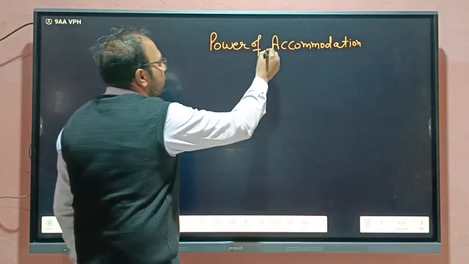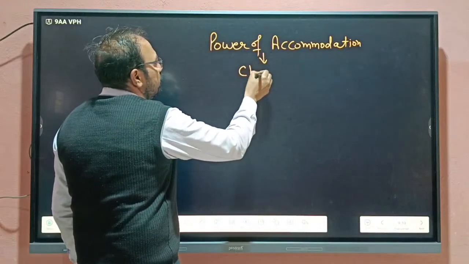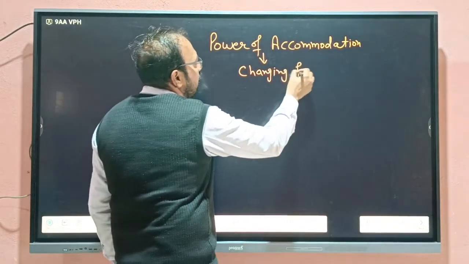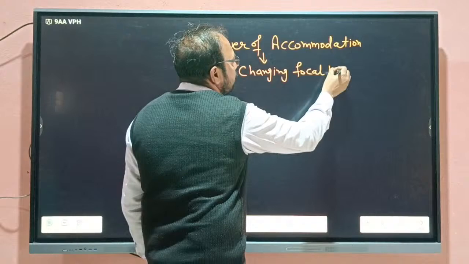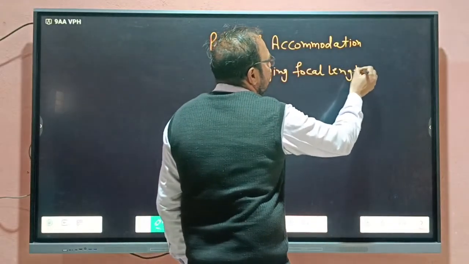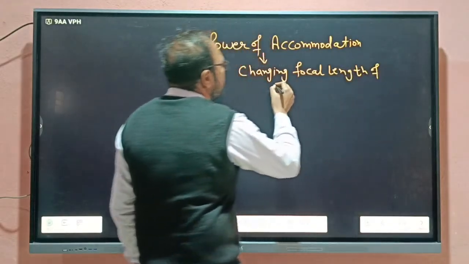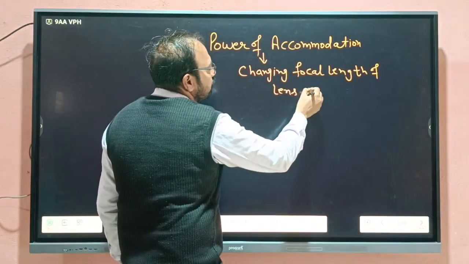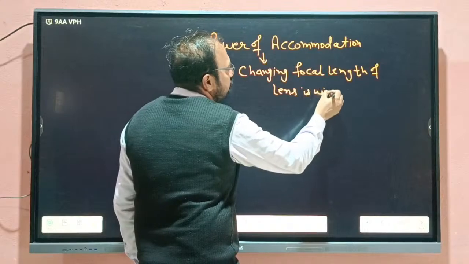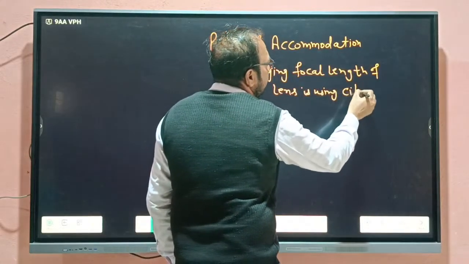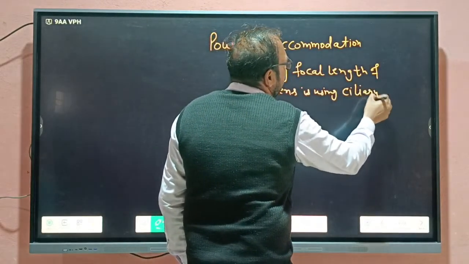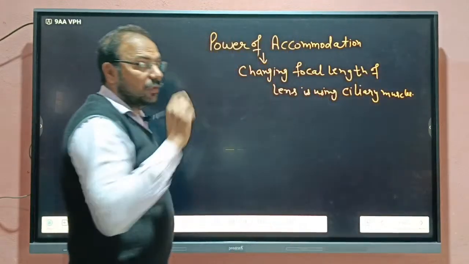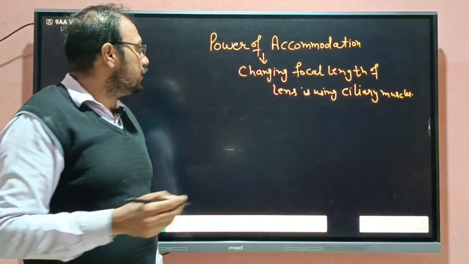It is changing the focal length of a lens using ciliary muscles. Okay, so sometimes our ciliary muscles are weak.